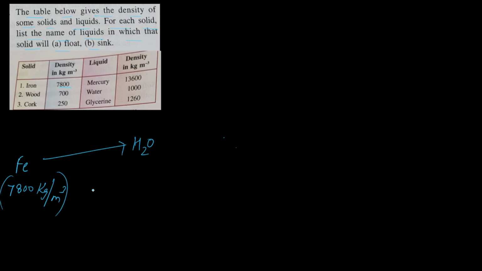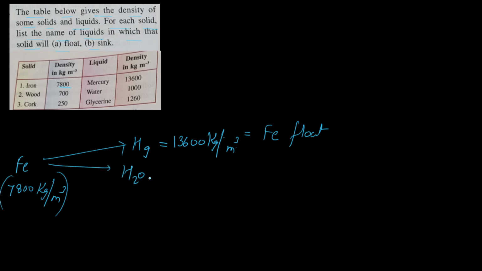In the case of Hg, the density given here is 13600 kg per meter cube. Because the density of iron is lesser than mercury, iron is going to float only.